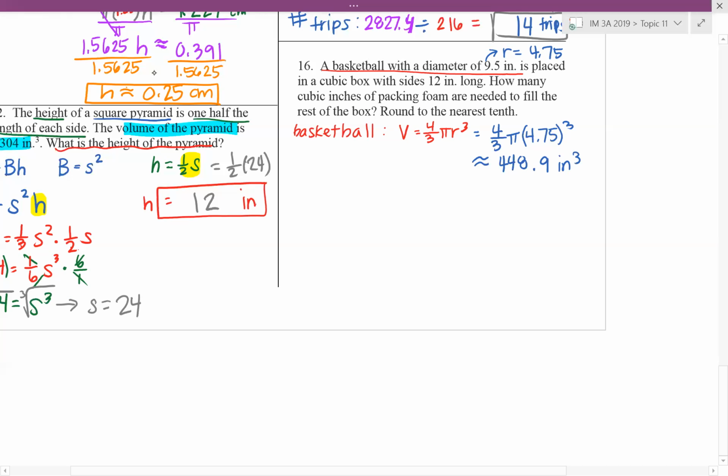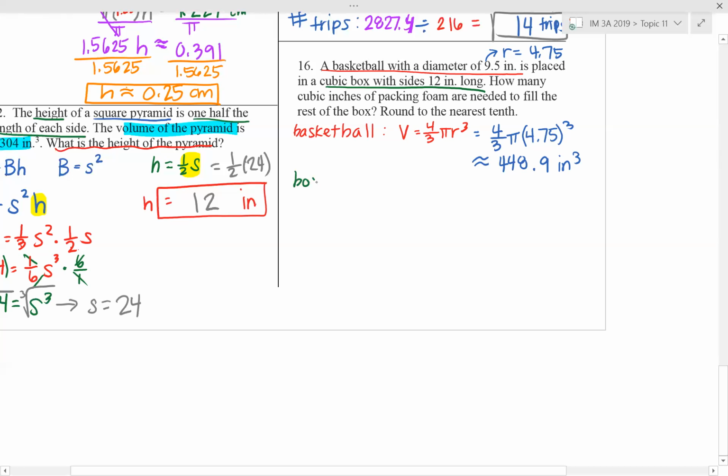Since the box is a cubic box, what they're telling us is that all of the dimensions are the same. So the best way to think about the box is that its volume is just the sides to the third power. So in general, we've talked about the idea that for a box, it's a prism. So it's the area of the base times the height.